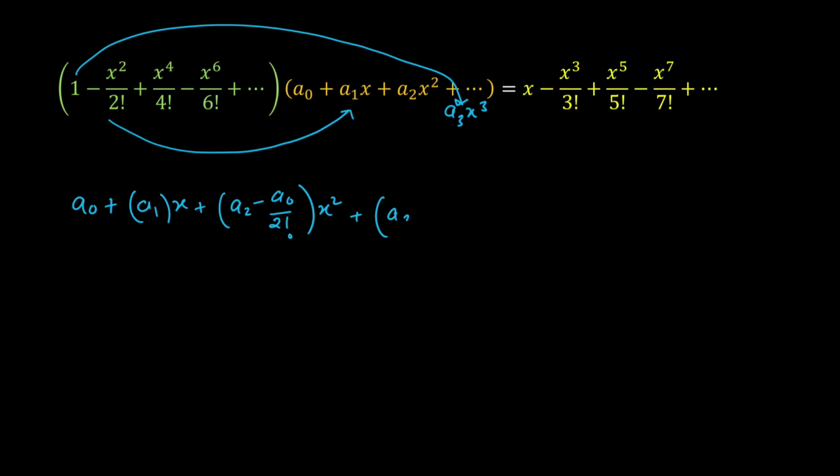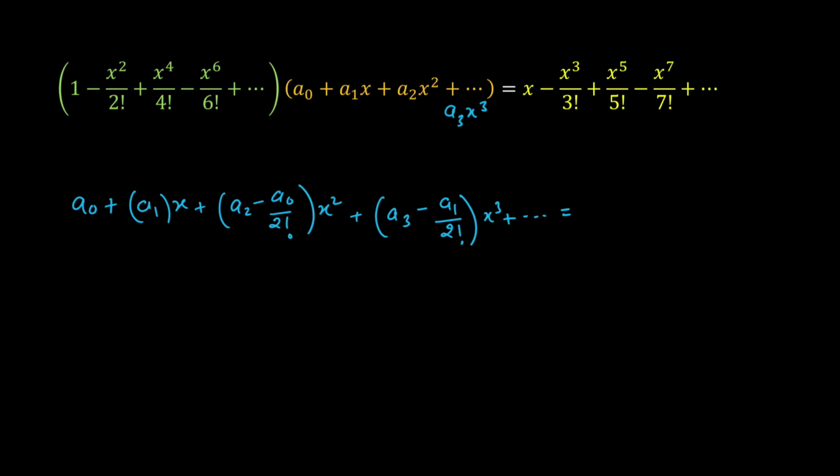So what we get is a3 minus a1 over 2 factorial times x cube and so on, which is equal to the series expansion of sin x, which is x minus x cube over factorial 3 plus x power 5 over factorial 5 and so on.